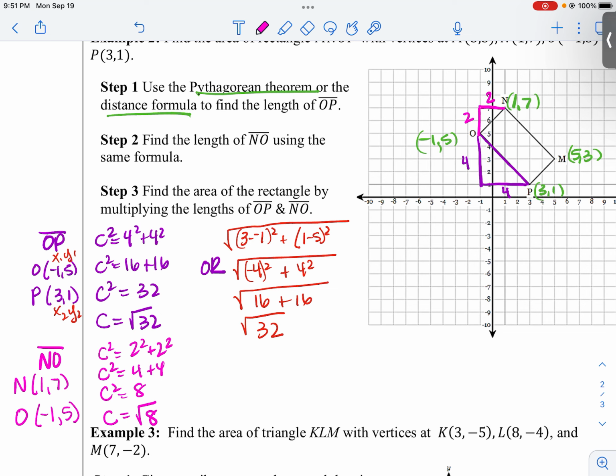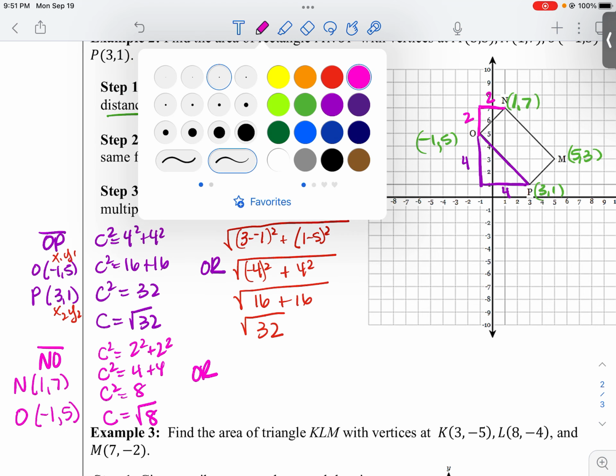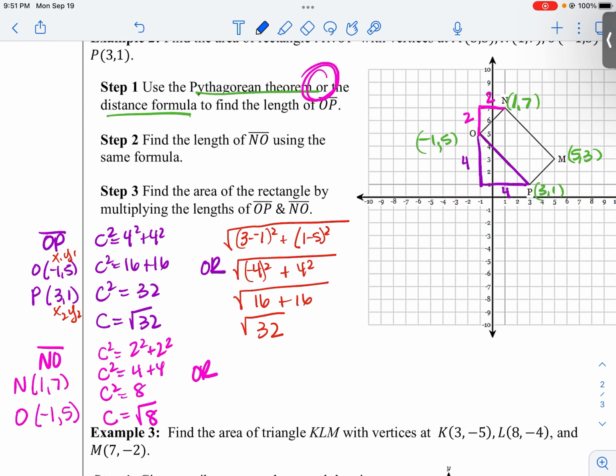So we're going to do the same thing using the distance formula. You get to choose. It doesn't matter which one you do. Whichever one you see first, whichever one you feel is easier, is what you get to do. So we're going to label, this is x1, y1, x2, y2.